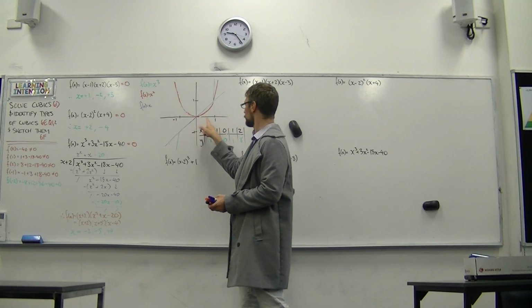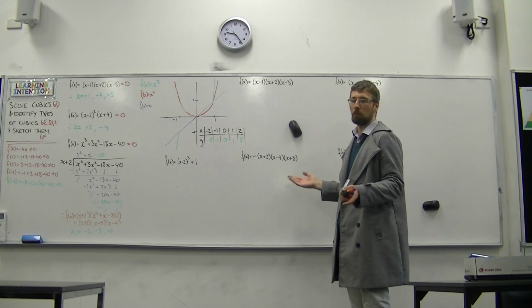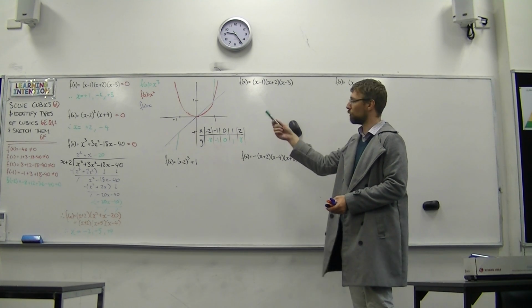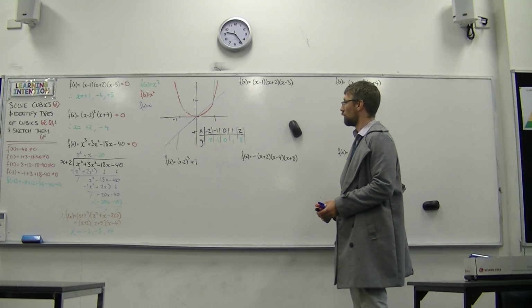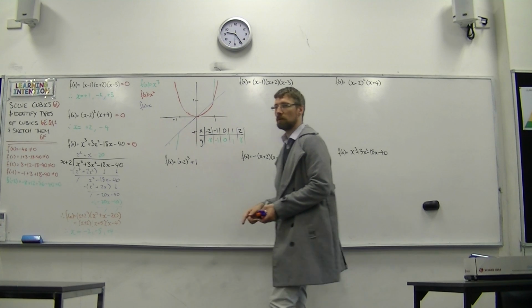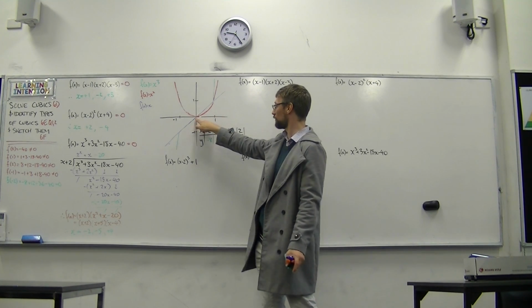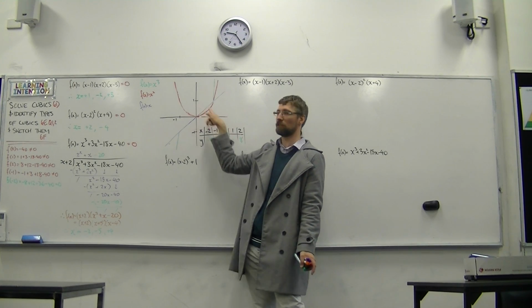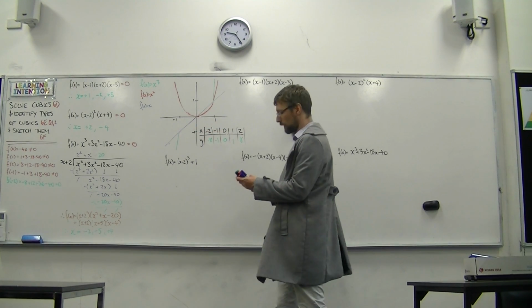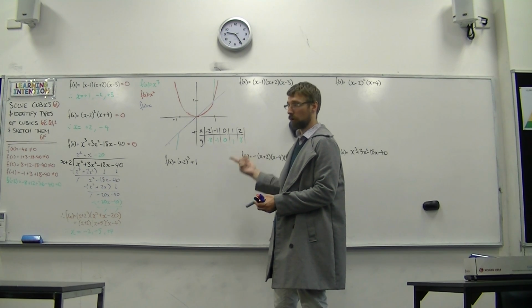That's all well and good, but in this case using just 1, 2, 3, etc., that hasn't helped us that much. What number might help us a lot more to figure out the middle part? We've got 0, it runs through there, but I don't know where it's going in this section. Half would be useful, because I know where it is at 0 and at 1, but I need to know where it is in between. So let's try a half. A half to the power of 3 is 1 on 8.